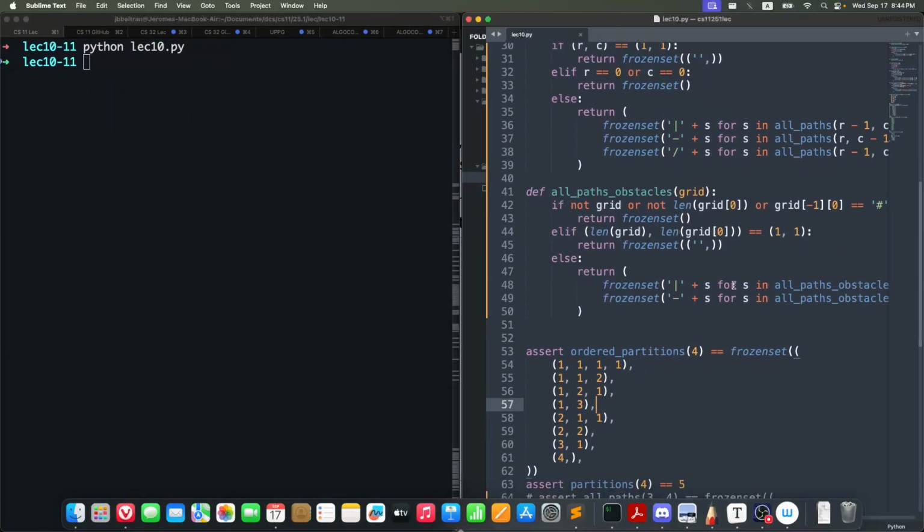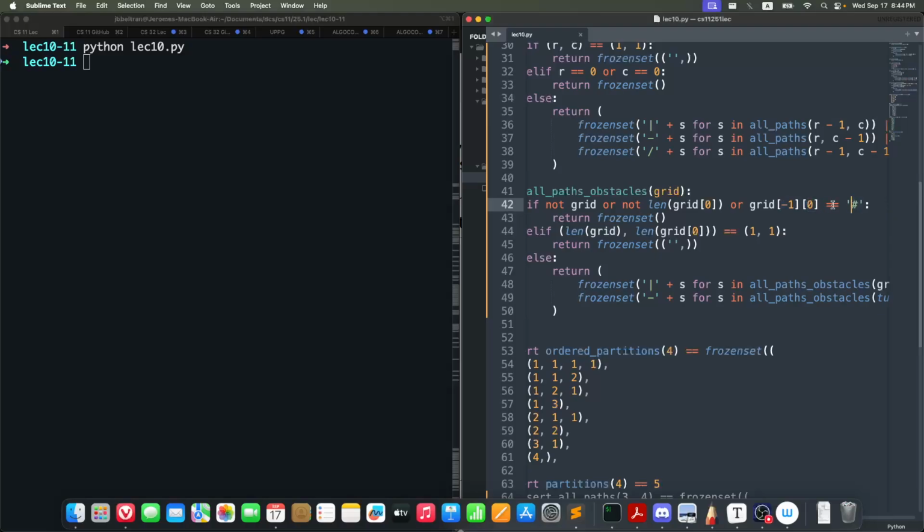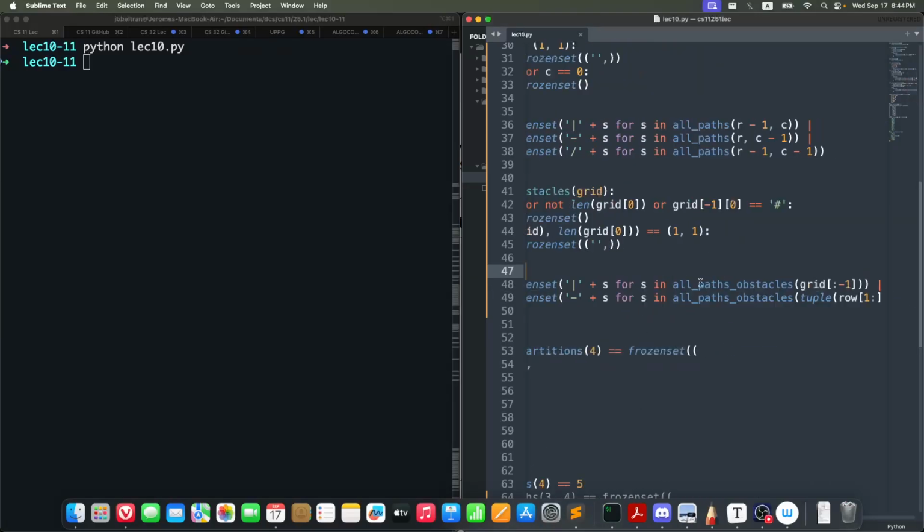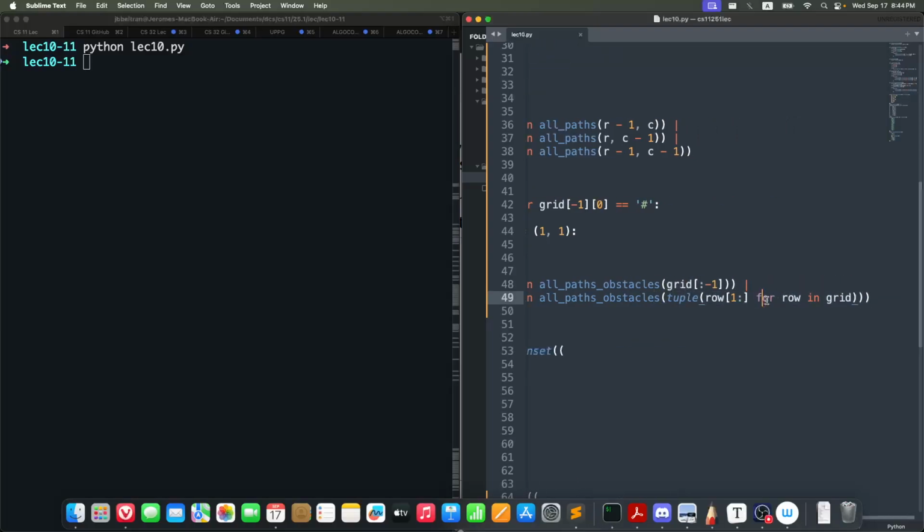If we run out of rows or columns, or we hit an obstacle in the bottom left, then there's no path to the top right. If we end up with a grid with only one cell, then the answer is the empty path. Otherwise, we generate all paths as we make the grid smaller. If we go up, we remove the last row. If we go to the right, we remove the first column.